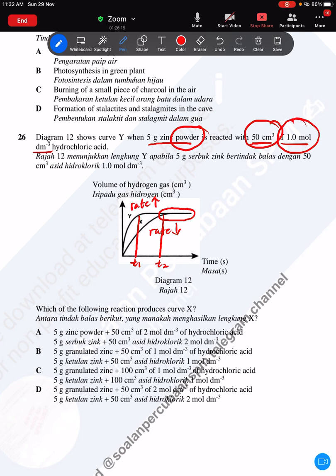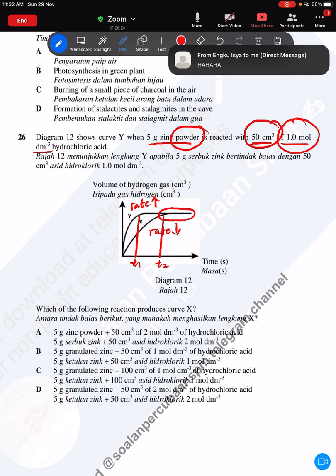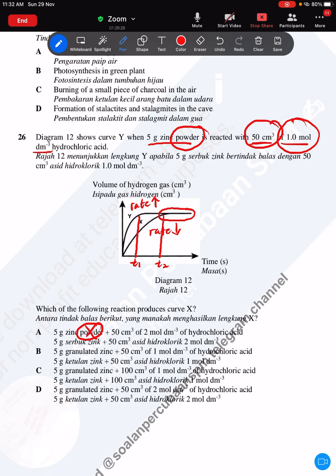One moment. Okay, so as you can see, most probably, when you look at the answer, the powder, you just remove it. You have a powder, wrong answer. Then the remaining will be granulate. So you have A, B, C, D. Look at B, C, D. Which one has the same volume and the same concentration?